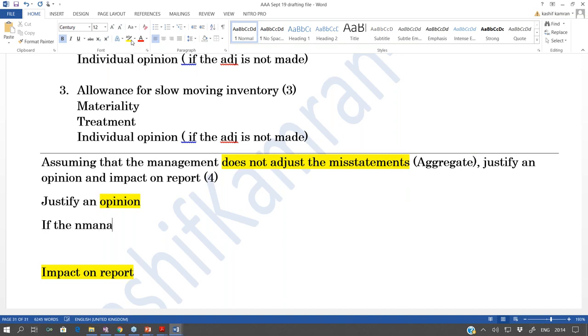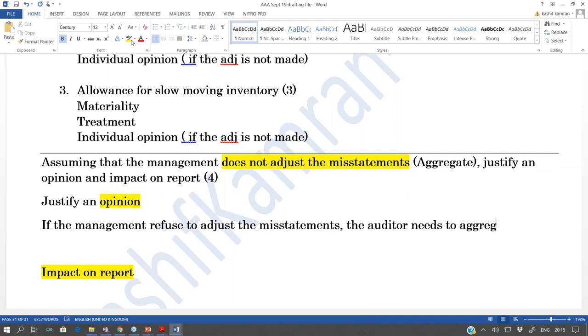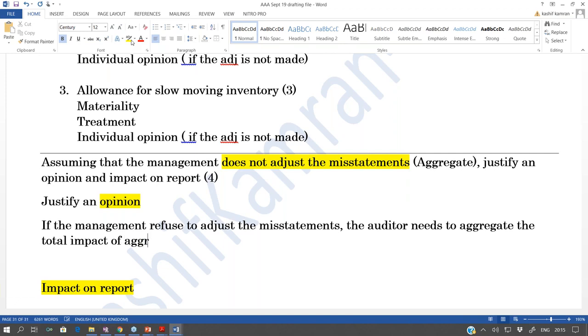if the management refuses to adjust the misstatements, the auditor needs to aggregate the total impact of the aggregate misstatements on the financial statements.